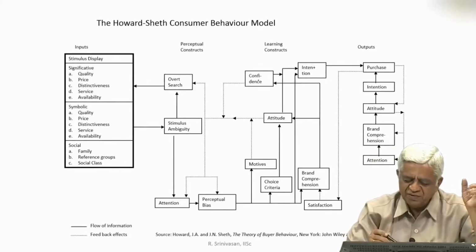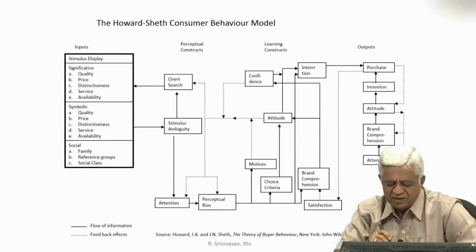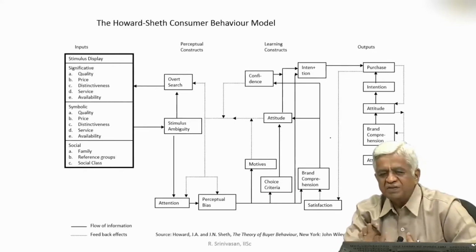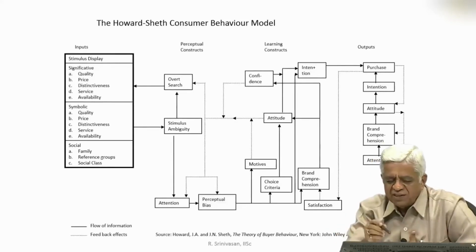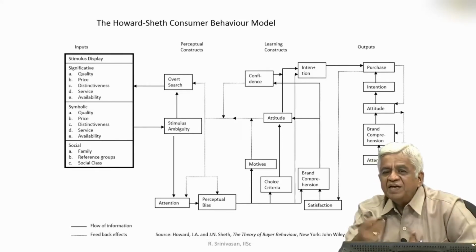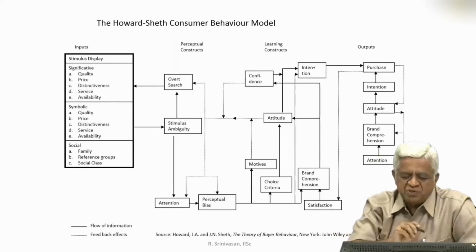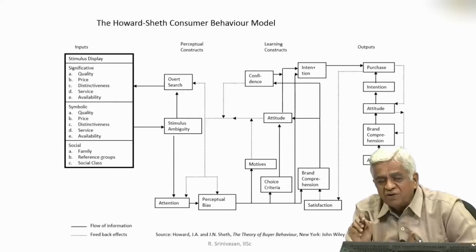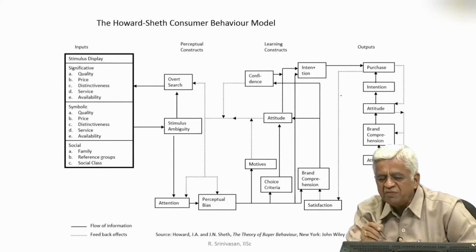So the confidence, the motives giving rise to certain attitudes, then these motives also giving rise to certain choice criteria. He may decide on the choice criteria with respect to his product. So all this will lead to what we call the behavioral intentions which are exhibited by the consumer. So these perceptual constructs lead to the learning constructs. These learning constructs towards the end exhibit the buyer's behavior intentions.